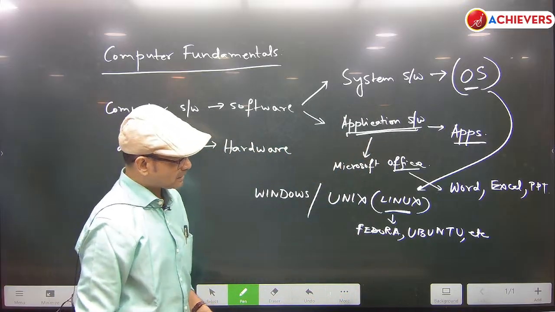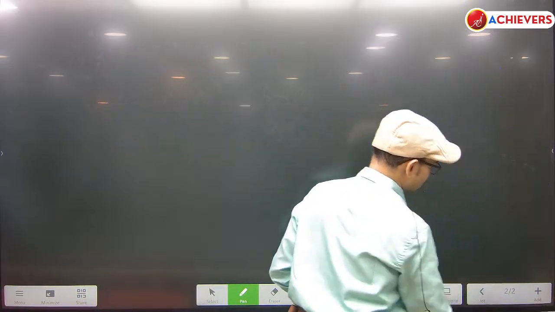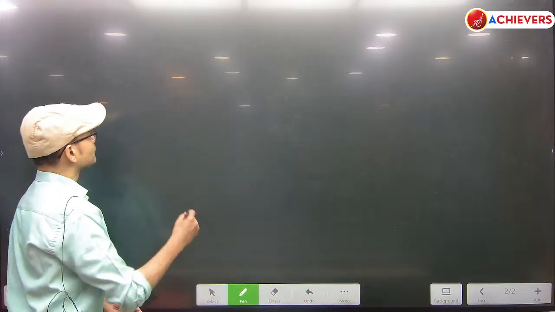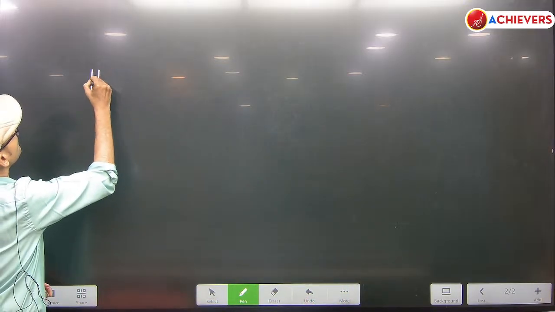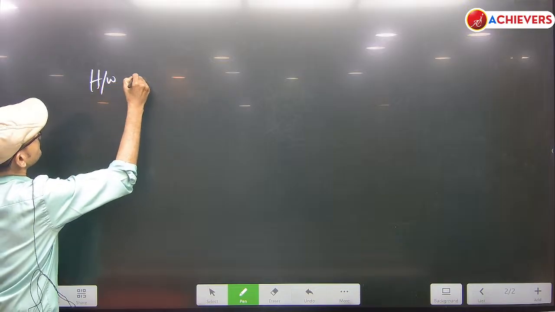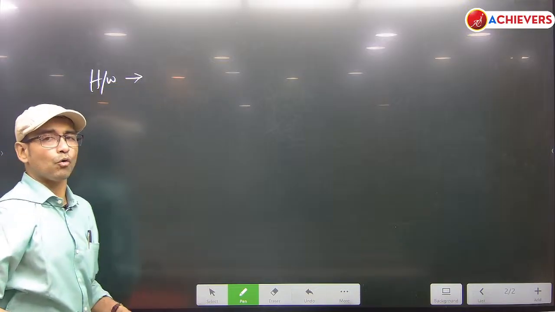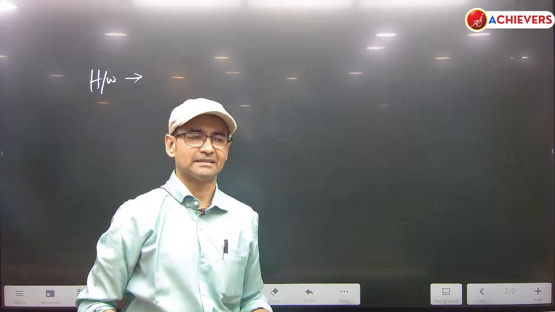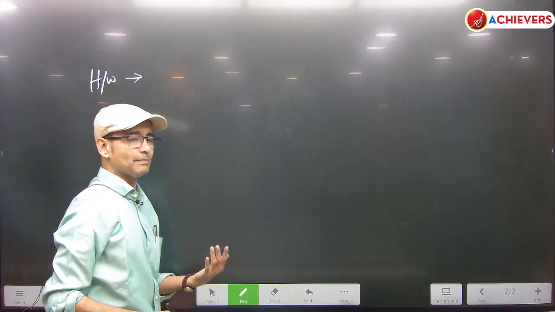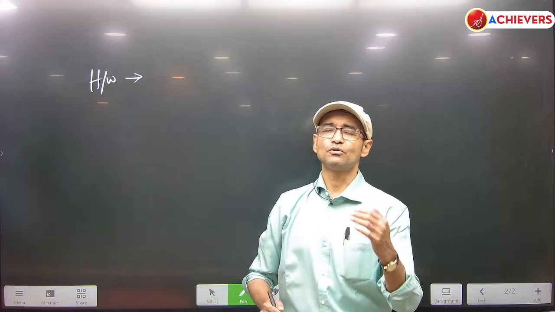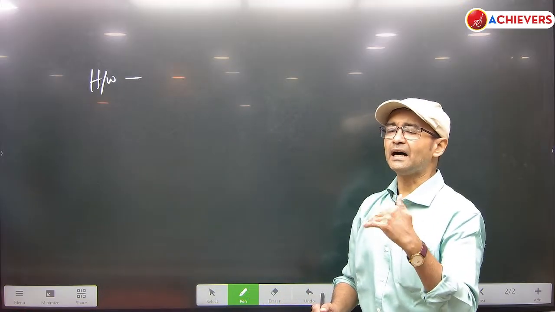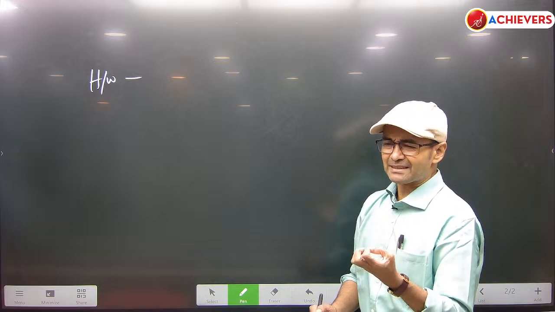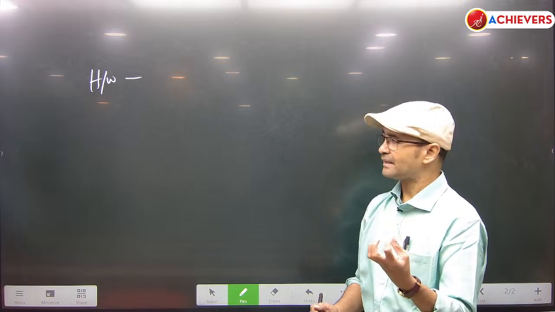So, as we can understand, hardware is the core over which the different software stand. So, the system software and the application software also reside over the hardware. So, in the base we have the hardware.